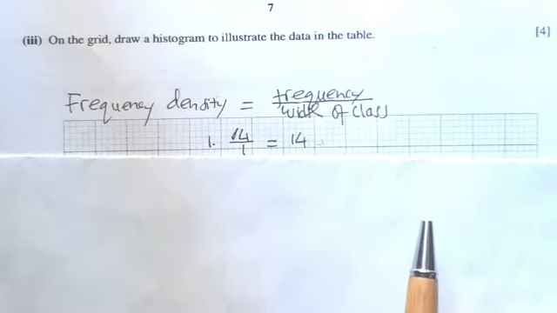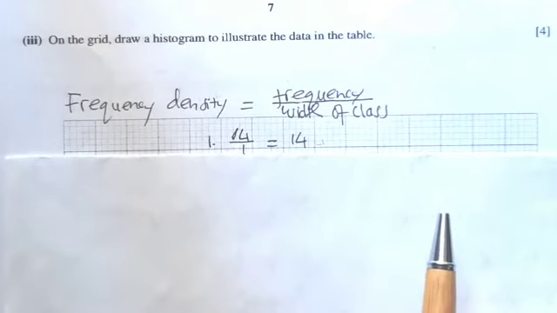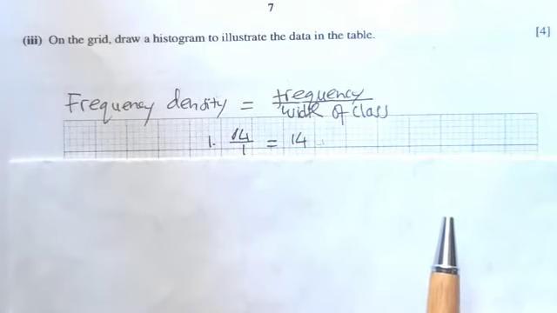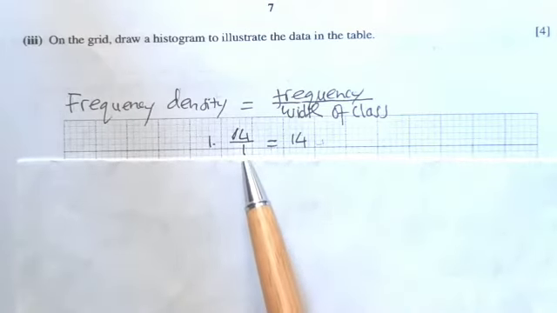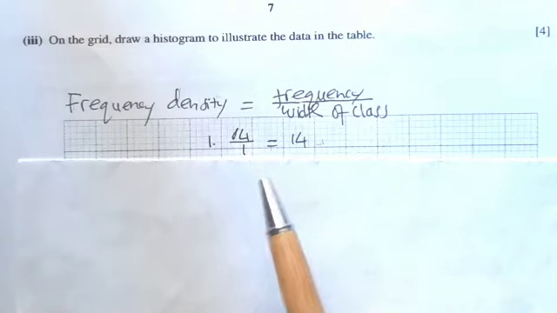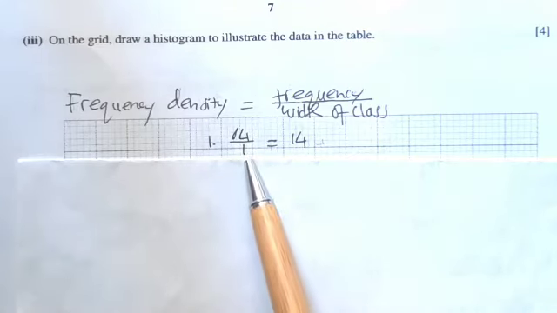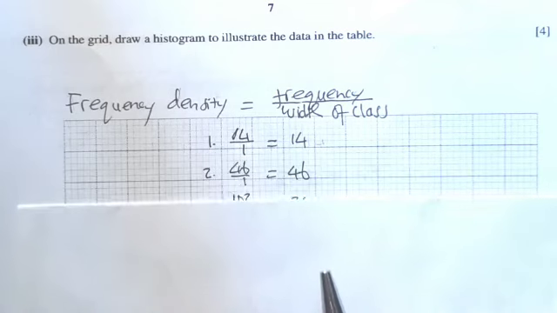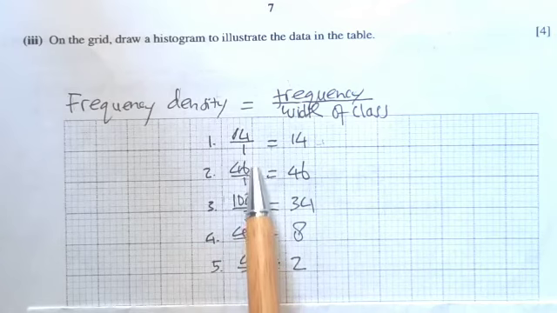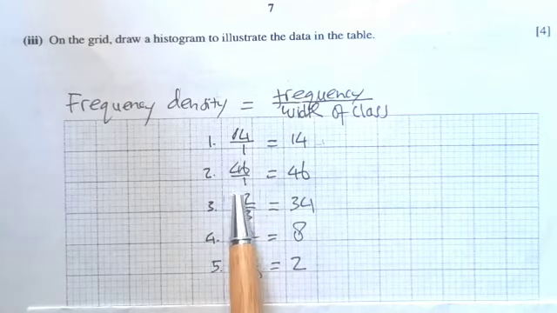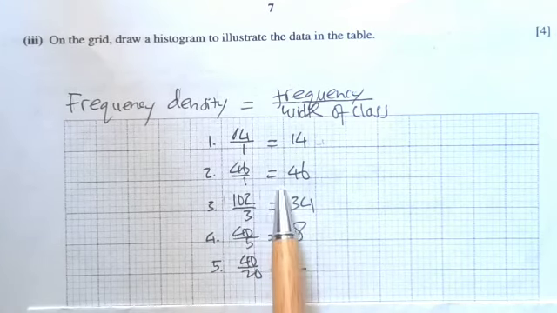Thus first we calculate the frequency density of each class. The first class, the frequency is 14, and the width of the class is 1 minus 0, that is 1, so the density is 14. The second class, frequency 46 divided by width of class 1, is 46.